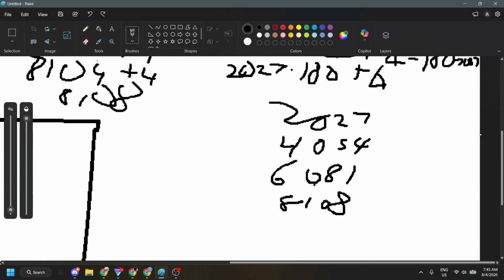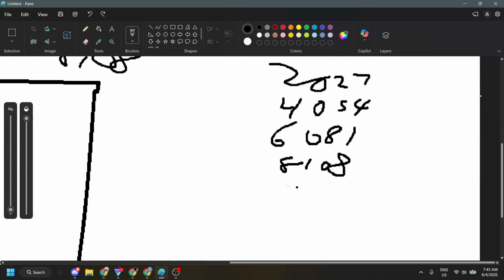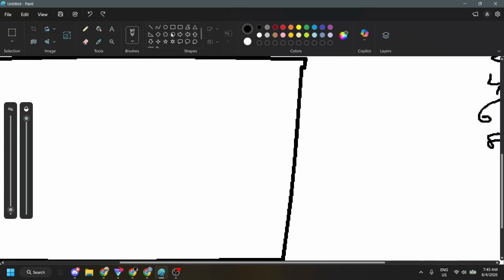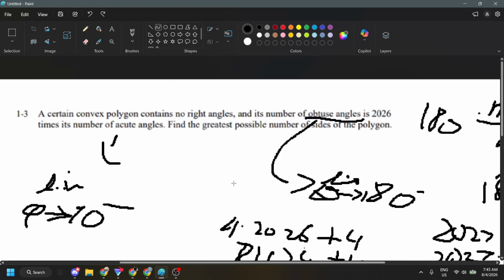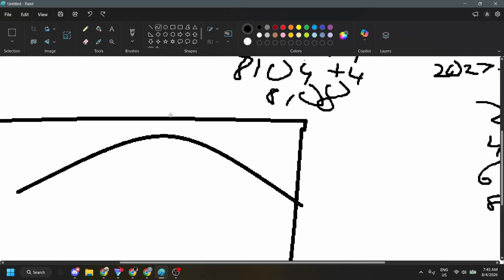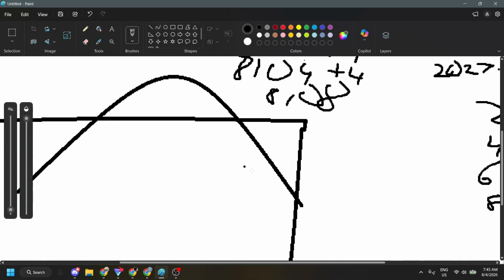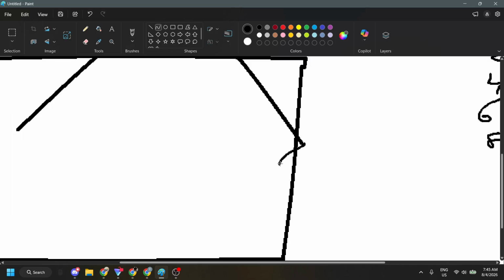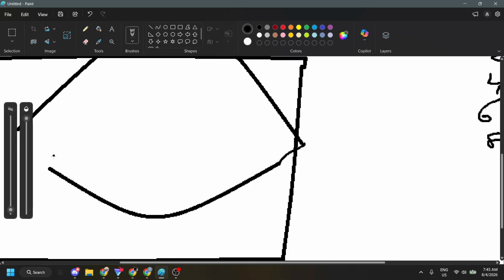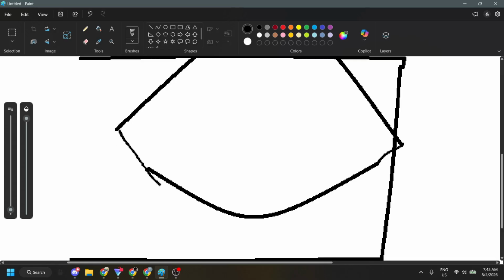So I think, well, let's see, let's say we make 180, and then even if I make a right angle, it's convex, so we have to fill with this.